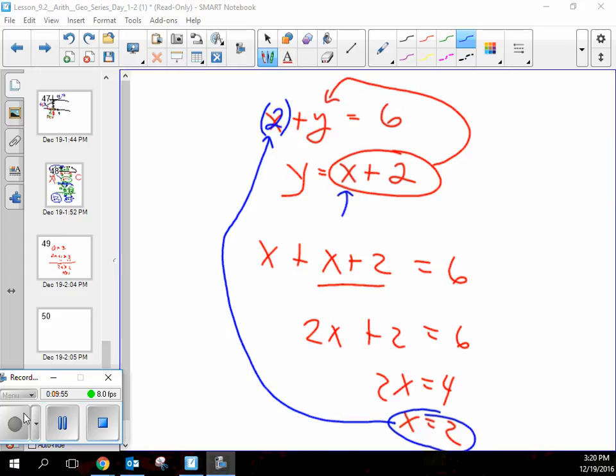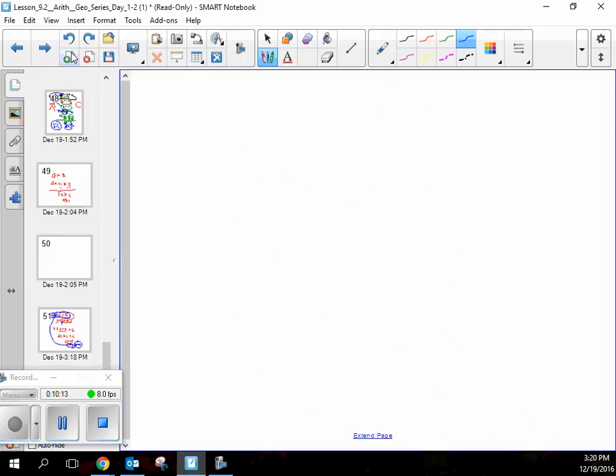But this isn't too tough, this one right here. 2 plus y is equal to 6, therefore y must be 4. So now that I have x equals 2, I can say, oh, and y has to be 4. And you need both parts, your x and your y, to get your answer. That's called substitution. And this one is called elimination.